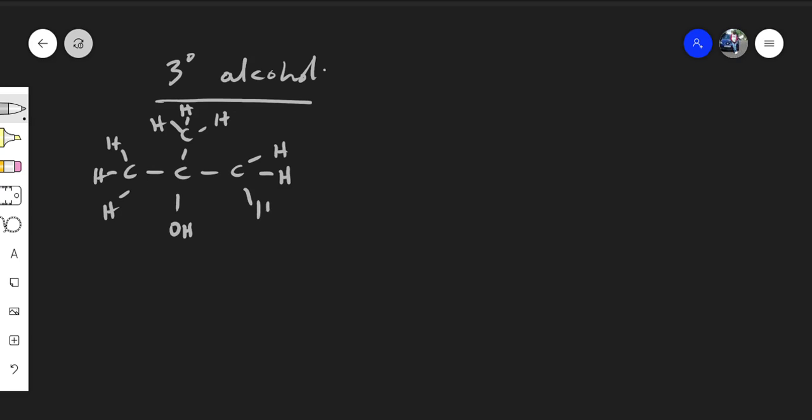So that is the tertiary alcohol. Remember that in this reaction we have already mentioned that this cannot be oxidized. So that's not going to be a reaction.